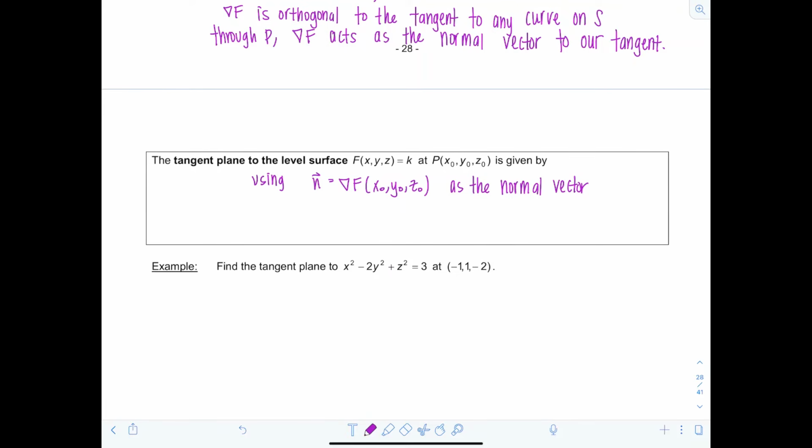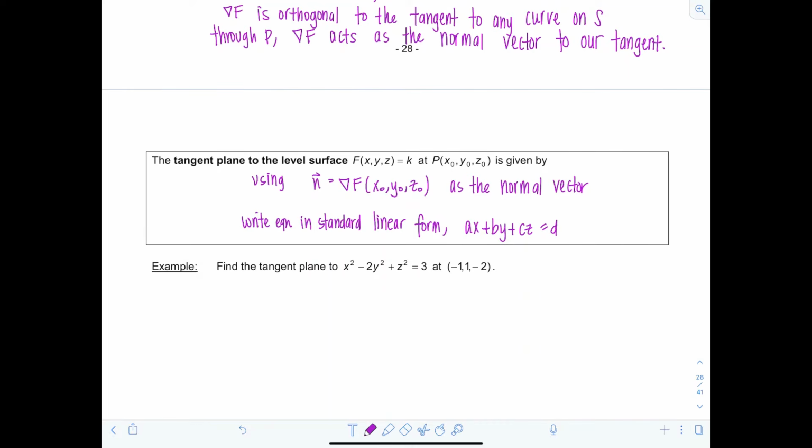And then from there, you're going to make sure you write your final equation in standard linear form: Ax plus By plus Cz equaling D.